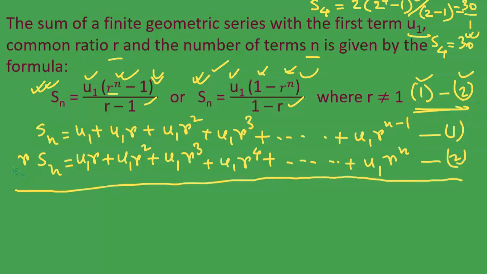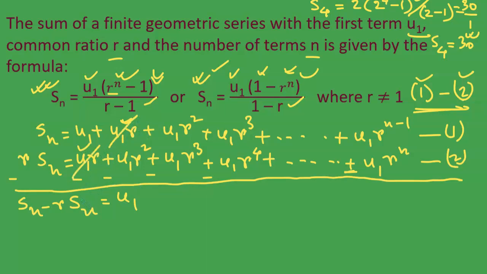Since we are subtracting, the signs will be changing and all the terms will be having negative signs. Now this is U1R. Let me first of all write the left hand side. It is Sn minus R times Sn is equal to U1. And this is plus U1R and this is minus U1R.